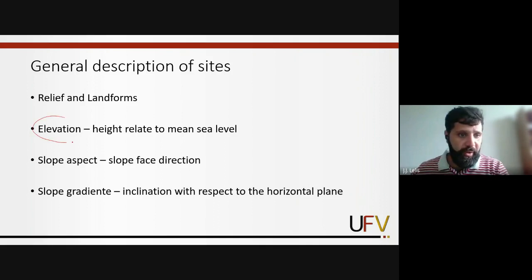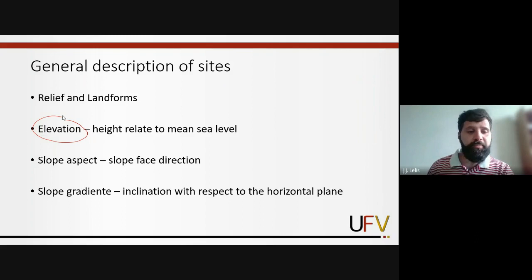Of course, it's quite easy to register the elevation today. It's just the height relative to the mean sea level. So with your cell phone or a GPS, you can register how many meters your soil profile is above mean sea level.